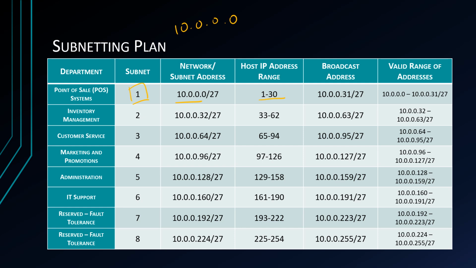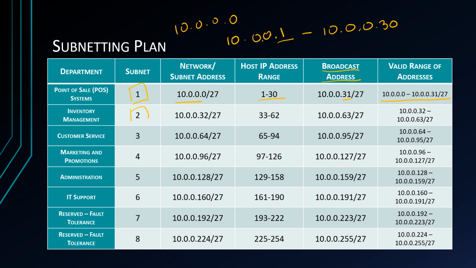So our first device will be 10.0.0.1, and it will go on this subnet. Since there can be 30 devices, it will go all the way up to 10.0.0.30, and then we also have to leave 1 for the broadcast address, so that will be 10.0.0.31, and that is our first range of addresses.